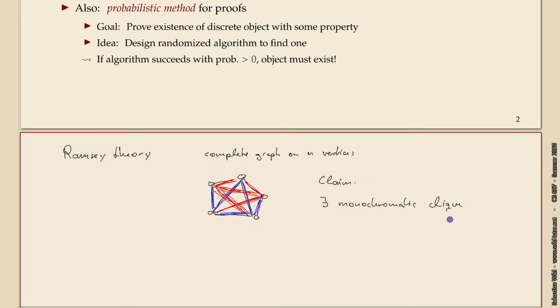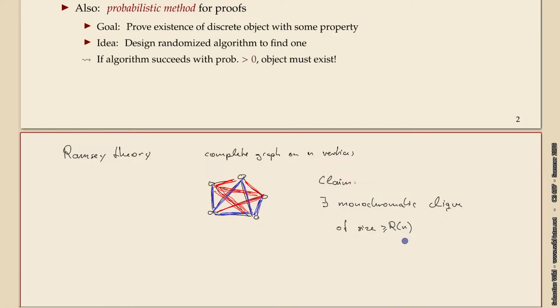And the claim is you can always find a clique of vertices that have all edges in the same color, of size at least some bound that depends on n.